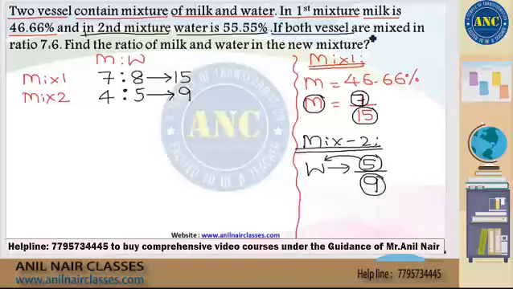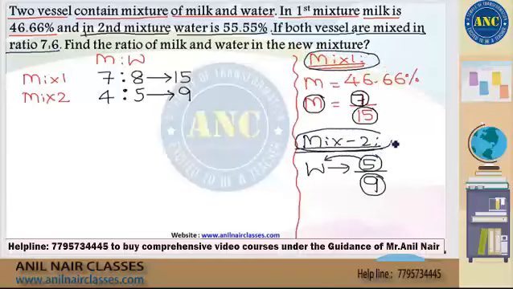If both vessels, mixture 1 and mixture 2, are mixed in the ratio 7:6, you will form another mixture called mixture 3. Find the ratio of milk and water in the new mixture. The mixing ratio should be 7:6.